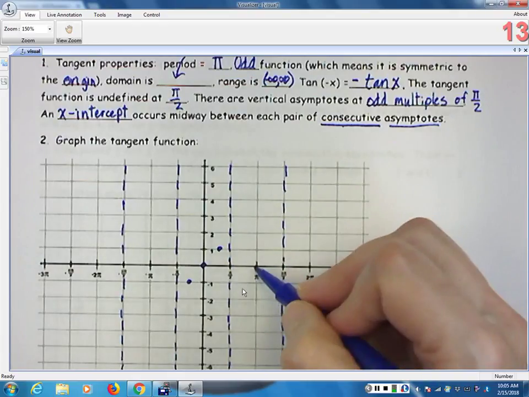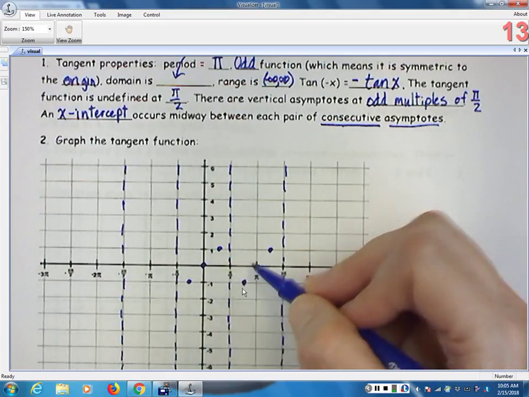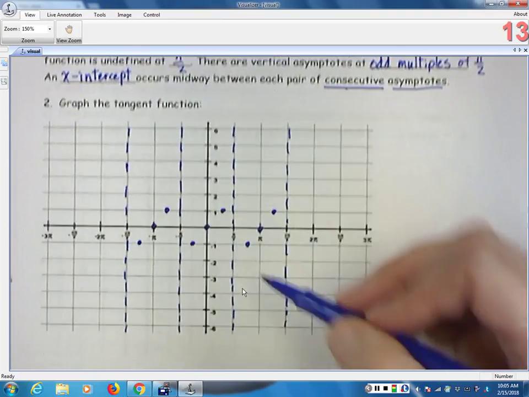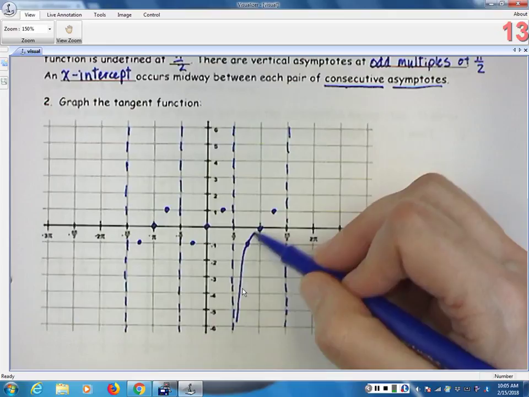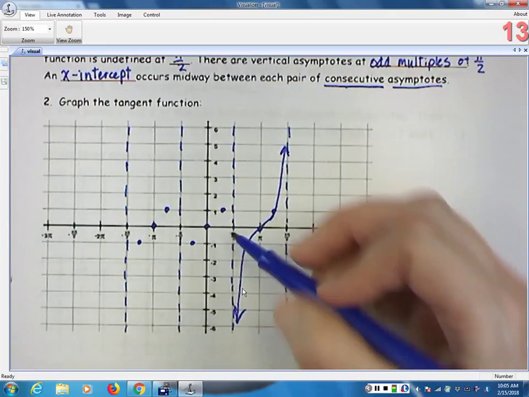Each one is going to be here, here, and here, and then you draw it like that with arrows on the end.